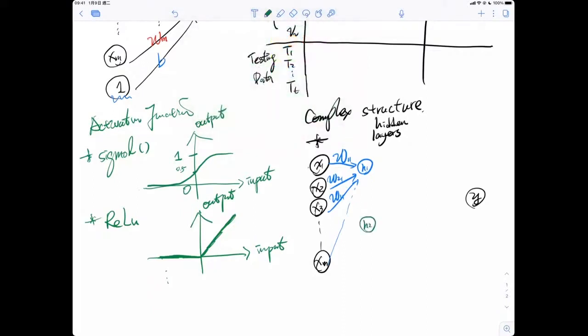The second neuron is H2, and you still have a weight right here, W12, W22, and so on. What exactly does this neuron mean? That means this neuron has a different perspective, or a different point of view, to observe and receive the information from the previous layer, which is X.